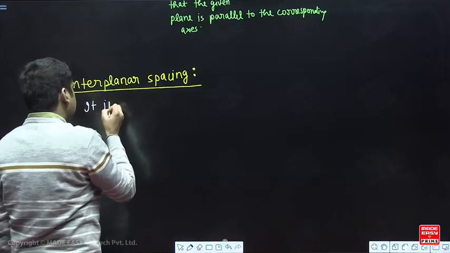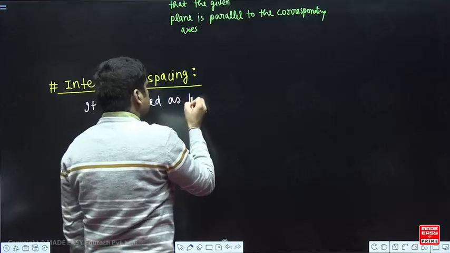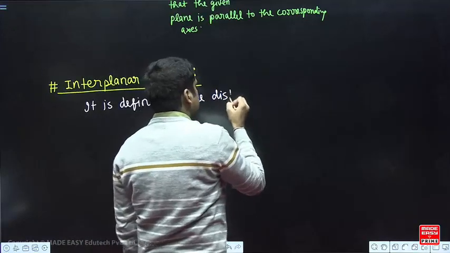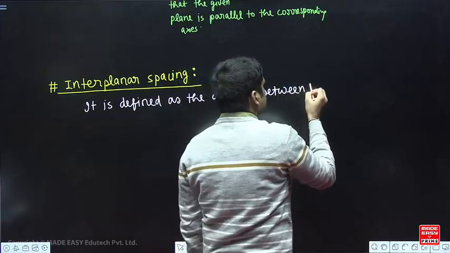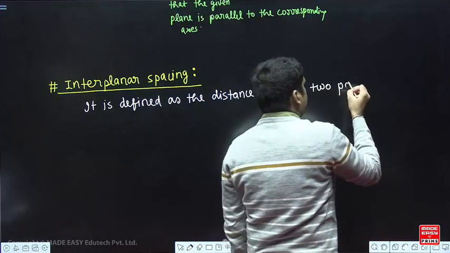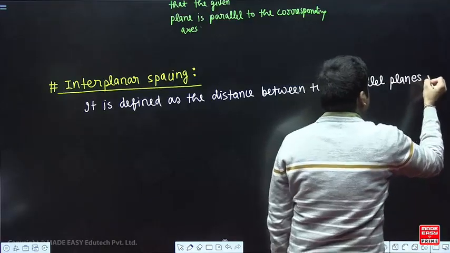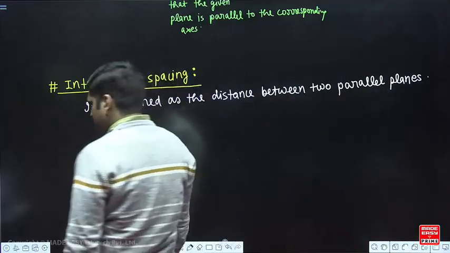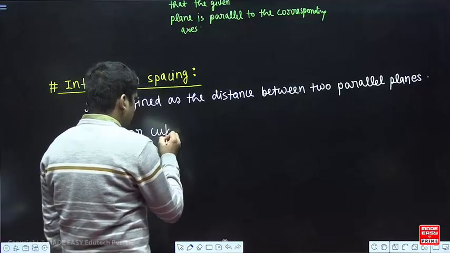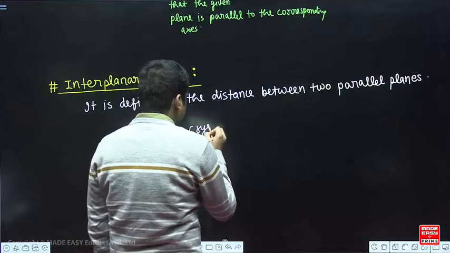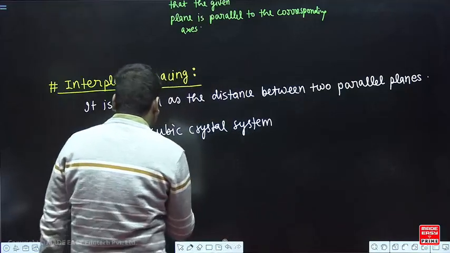It is defined as the distance between two parallel planes. It is defined as the distance between two parallel planes. For the cubic crystal system, we are interested in only that. For the cubic crystal system, this value is given as d.